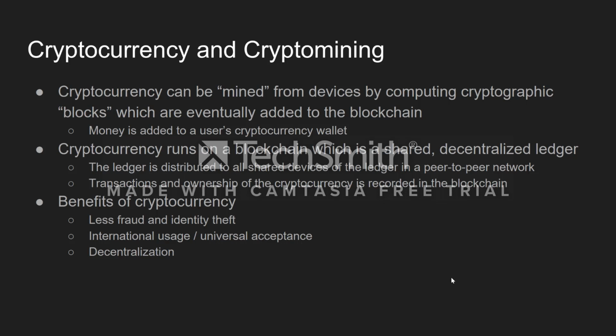These blocks that are being mined are added to a blockchain, and this blockchain is best described as a decentralized ledger. Everyone who mines this type of cryptocurrency has this shared ledger, and typically, though not always, transactions and ownership of the cryptocurrency are recorded because of this blockchain.